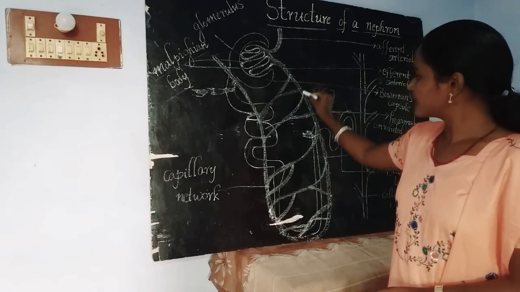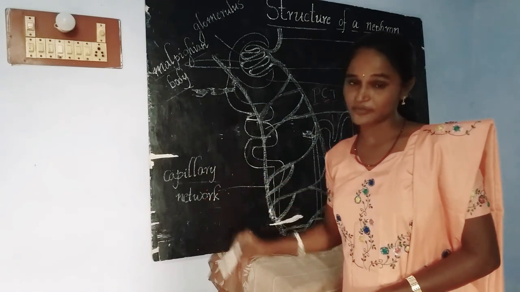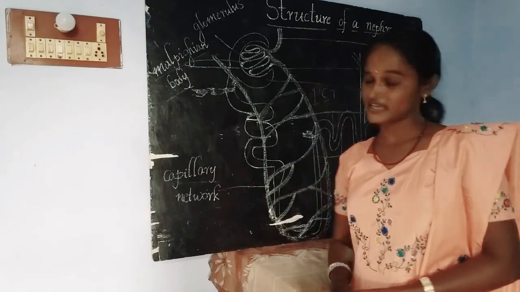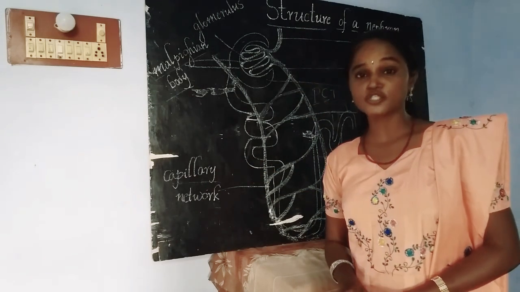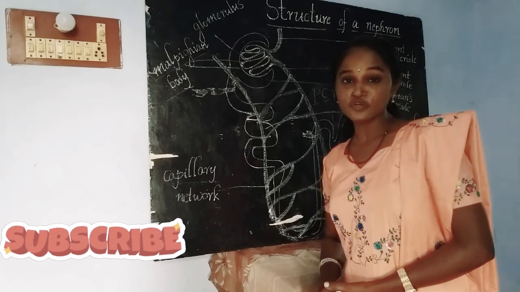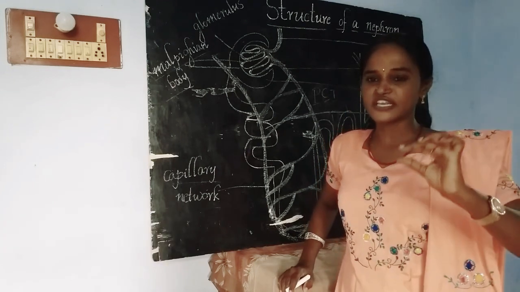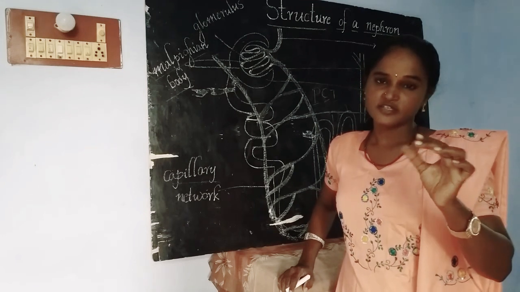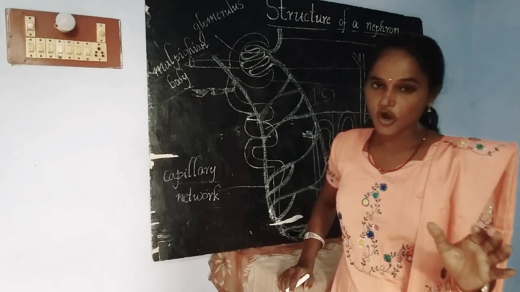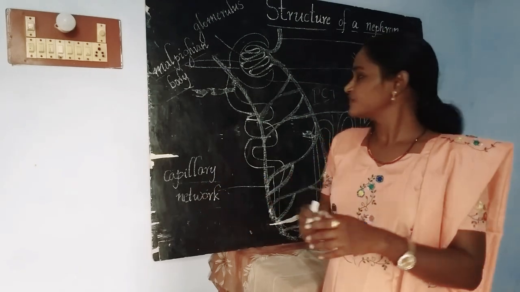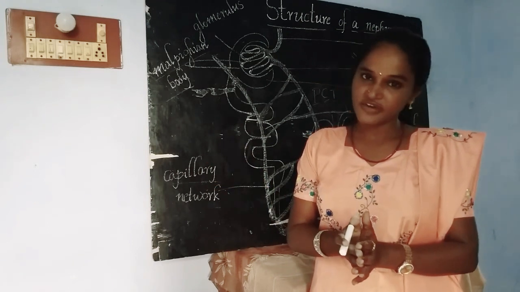That net-like structure is called the capillary network, or peritubular network. It also joins with the venules present in the kidney. All the venules, very small branches of the vein, join together to form the renal vein.